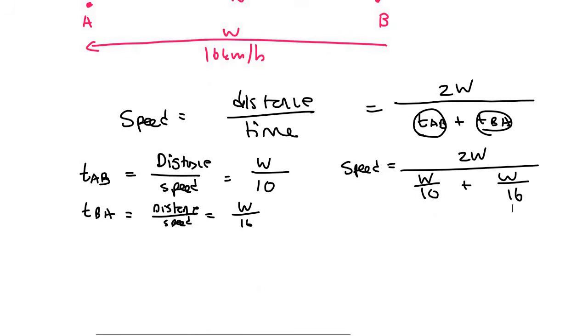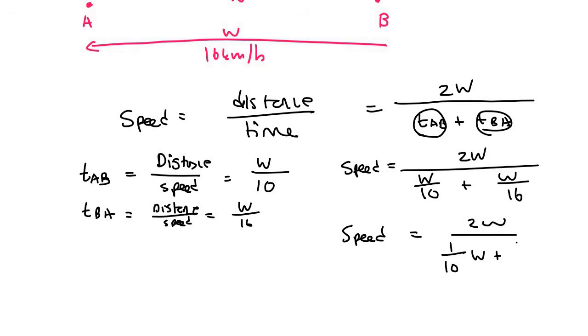Now, at the bottom, you should put those two together. You could almost think of it like this: speed is equal to 2W over 1 over 10 W plus 1 over 16 W. You're just adding the bottom together, 1 over 10 plus 1 over 16.